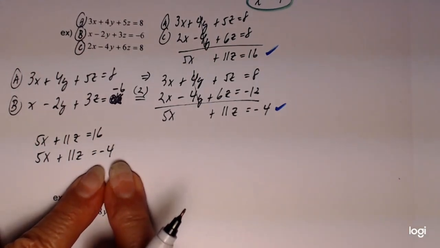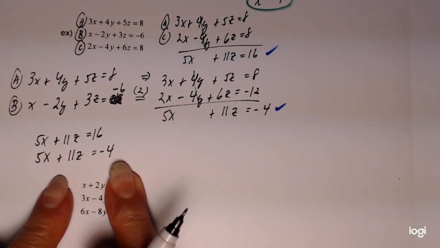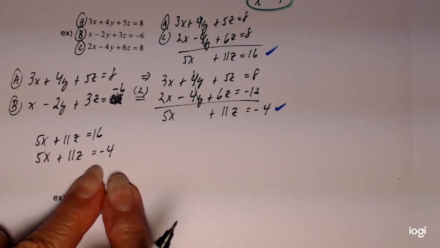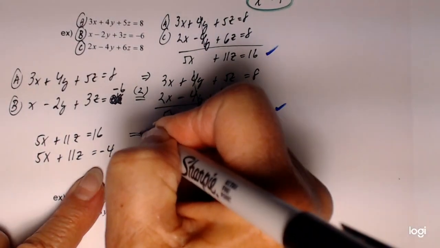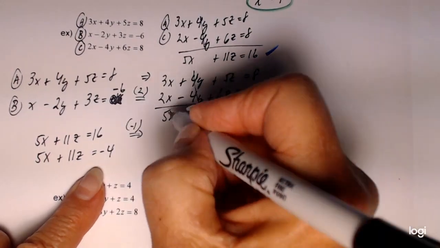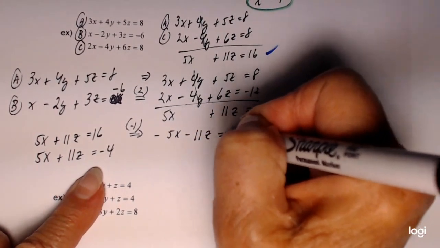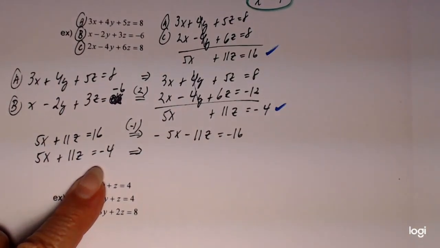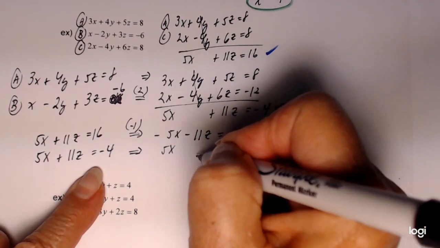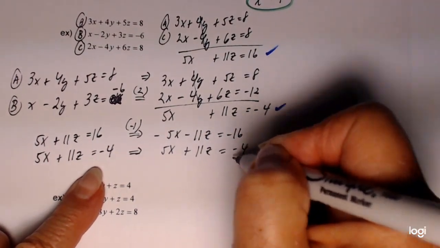It doesn't matter; we can see both coefficients are the same, so we're going to end up eliminating both. Let's multiply the top one by negative 1: negative 5x minus 11z is equal to negative 16. We don't have to do anything with the second equation: 5x plus 11z is equal to negative 4.